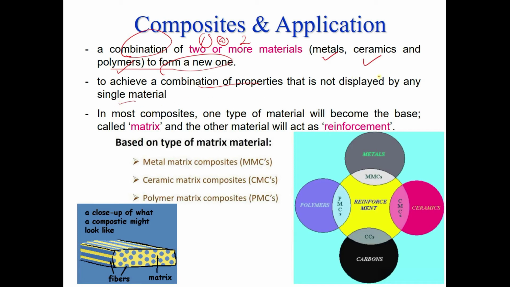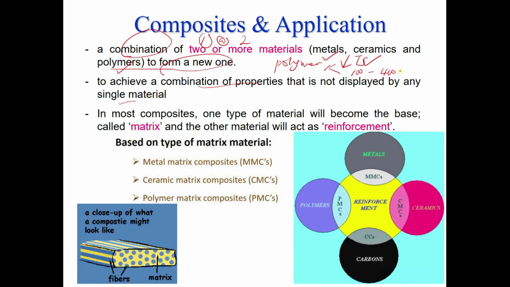Say for example, when you have polymer, the issue with polymer is that it has low strength and thermal resistance only at low temperature of about 100 to 400 degrees. So how do we improve this strength as well as the thermal resistance?